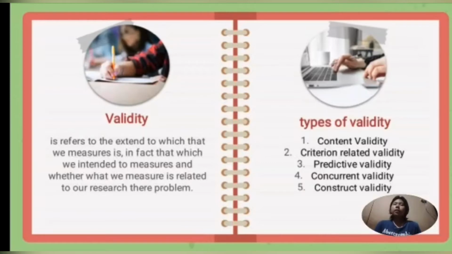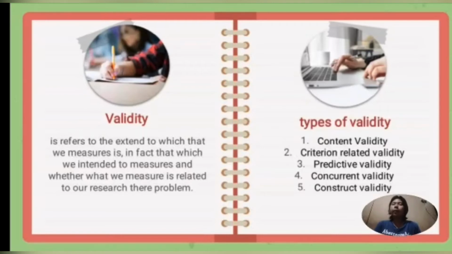This is different from predictive validity in that measures of predictive behavior are obtained at the same time as the actual measure of behavior. The last one is construct validity, which is based on a judgment as to whether the result of our measurement conforms to theory.